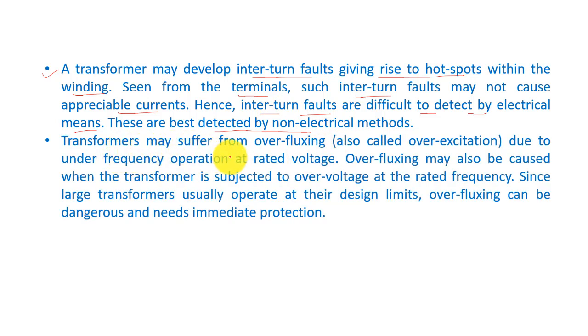The transformers may suffer from overfluxing. We will talk about this in more detail. Also called overexcitation, due to under frequency operation, because we know that voltage is directly proportional to phi and f.